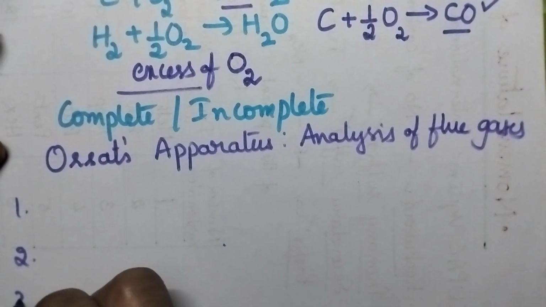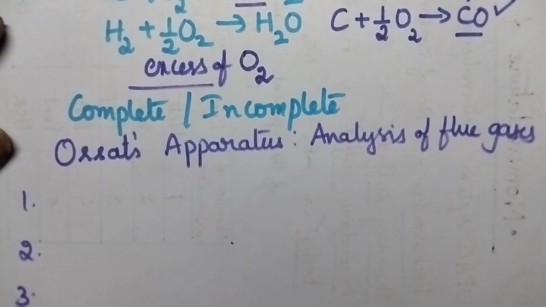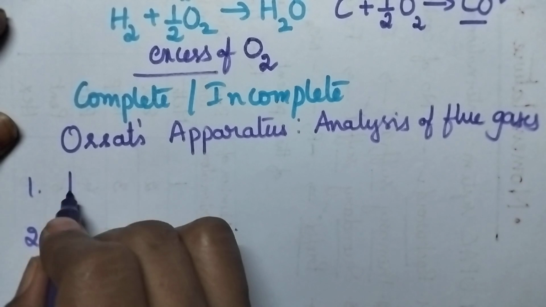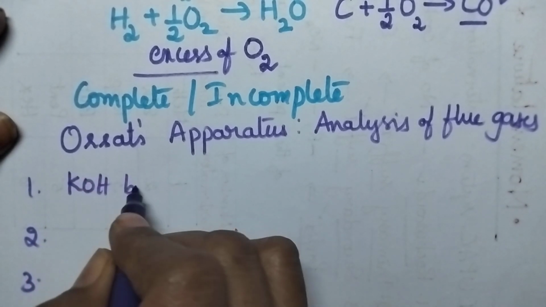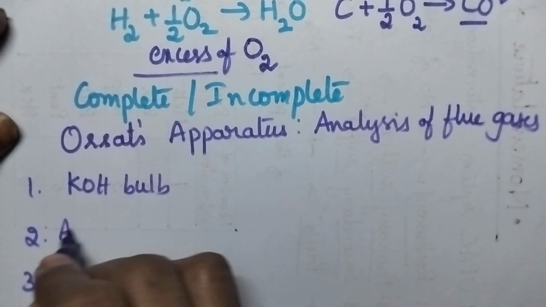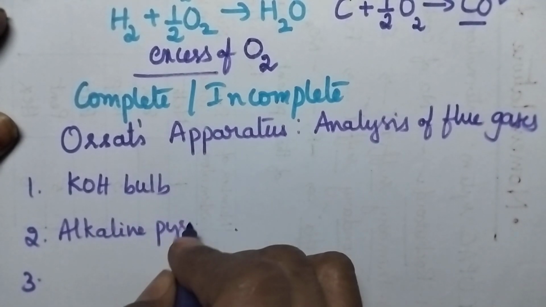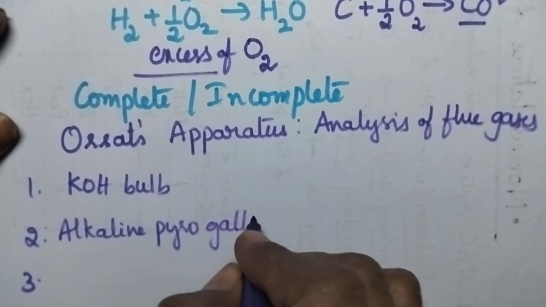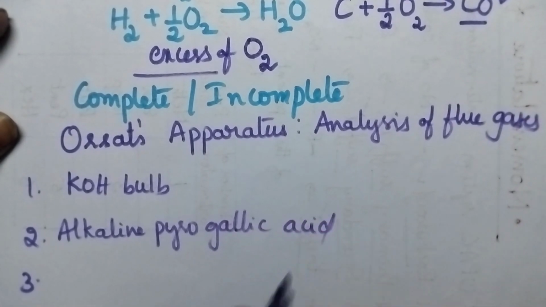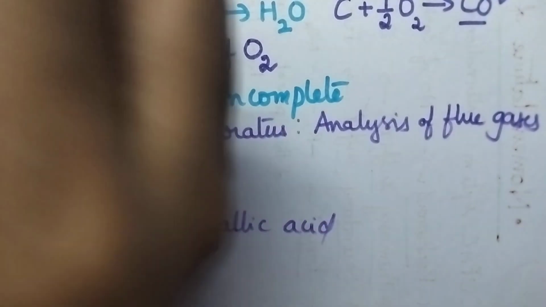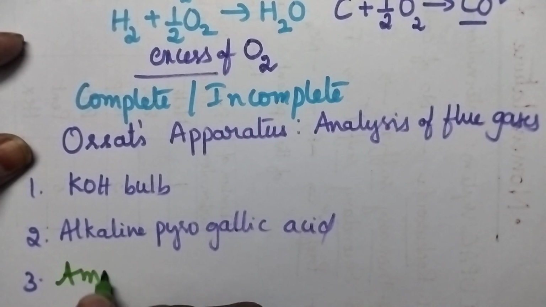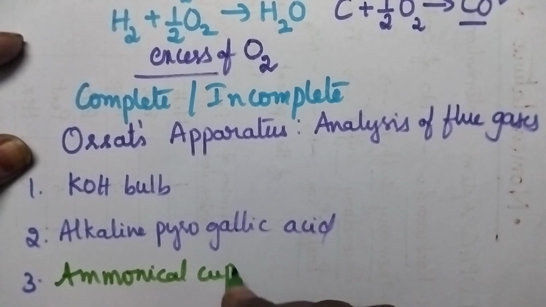Especially here the experiment is done by using 3 different bulbs. One is KOH bulb, another one contains alkaline pyrogallic acid, third bulb contains ammoniacal cuprous chloride.